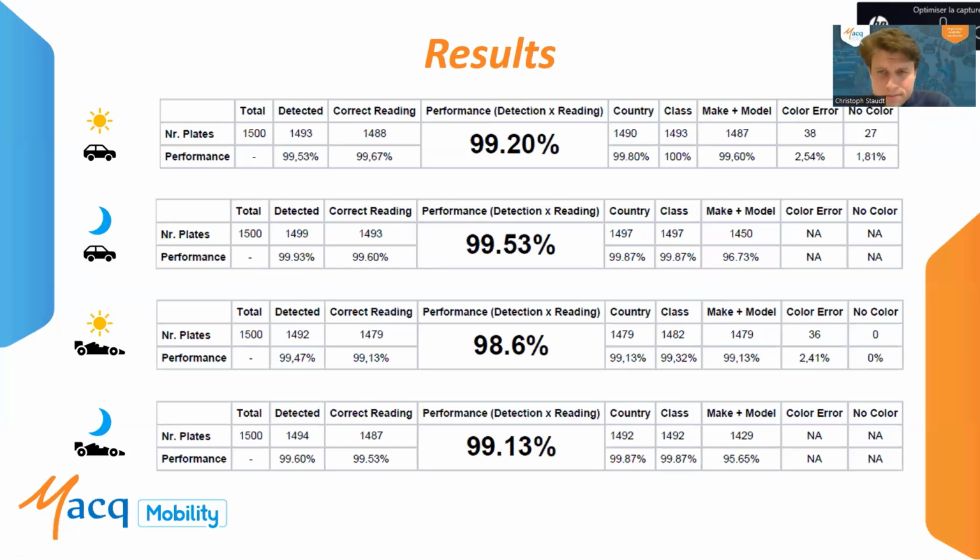car models. Then there are two columns regarding colors. So either it's wrongly recognized, so here about 2.5% errors out of this data set, or there's no detection because it was not recognizable or not identifiable for our AI. So you can sum up both columns and you know more or less the performance rate based on the color.